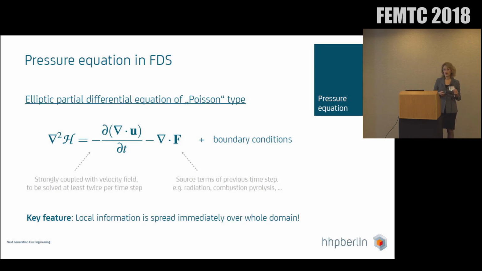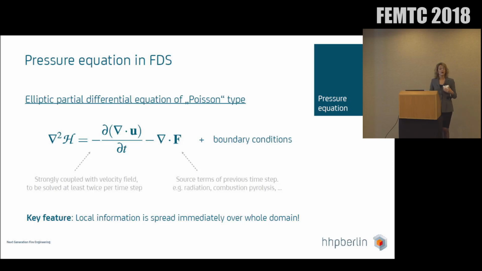But I think the most important property of this equation is that it has something like an infinite speed for the propagation of new information. If you get a new information, even if it is very local, then this information immediately spreads all over the whole domain.